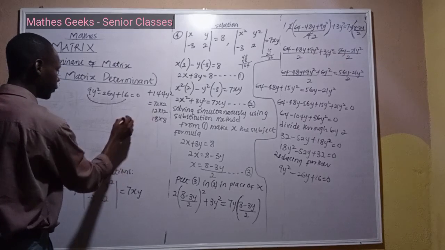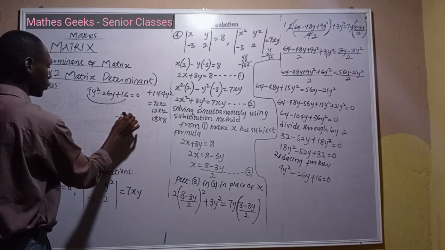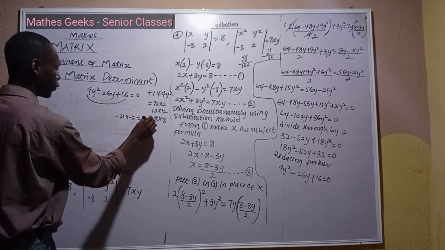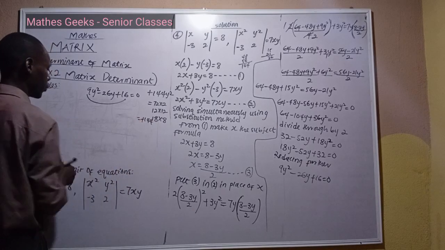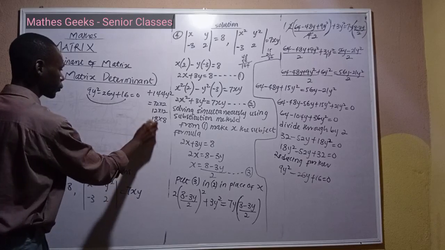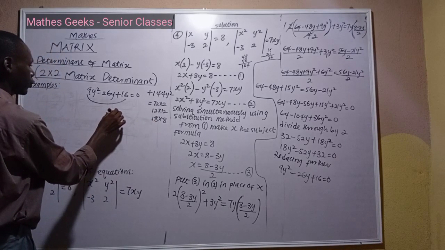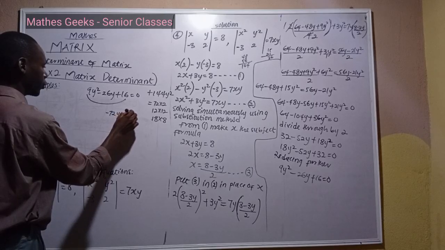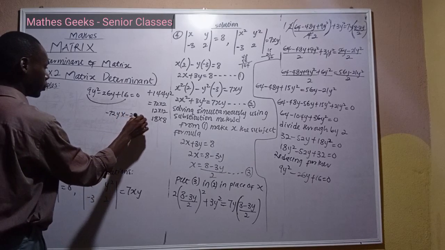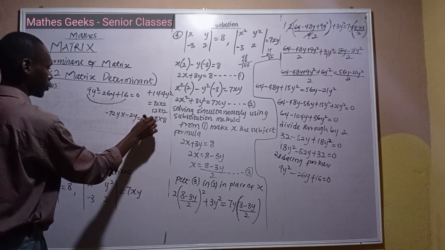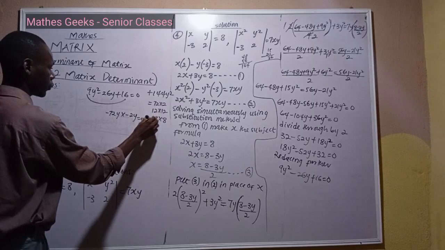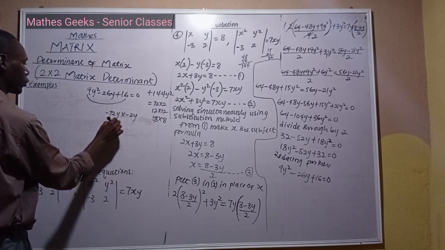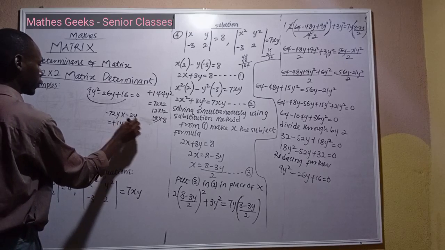So let's try minus 72y times minus 2y, which gives plus 144y squared.